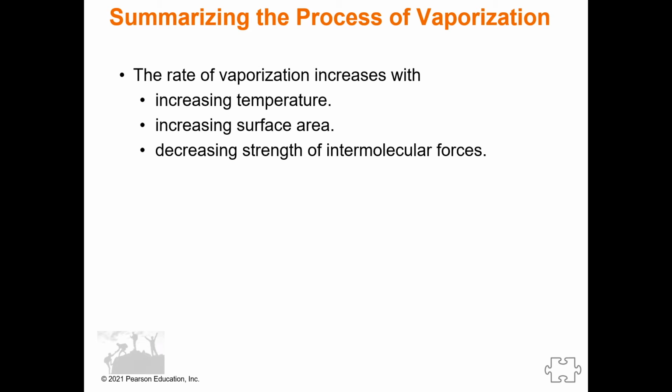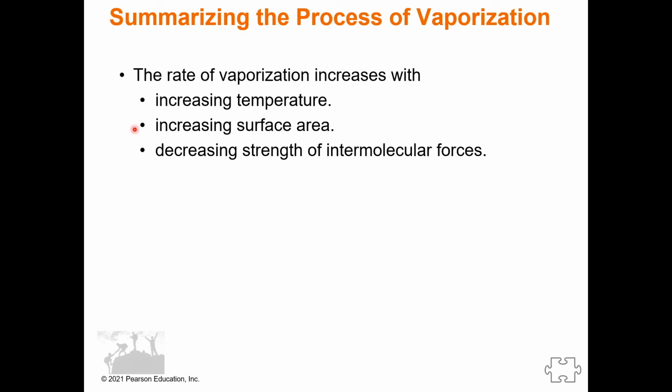So make sure you have these relationships down when you're trying to figure out the rate of vaporization of a substance. If you want to increase the rate of vaporization, you'd first have to increase the temperature. Doing so would increase the average kinetic energy of all those molecules. So the more likely those high energy molecules will escape as gaseous molecules.